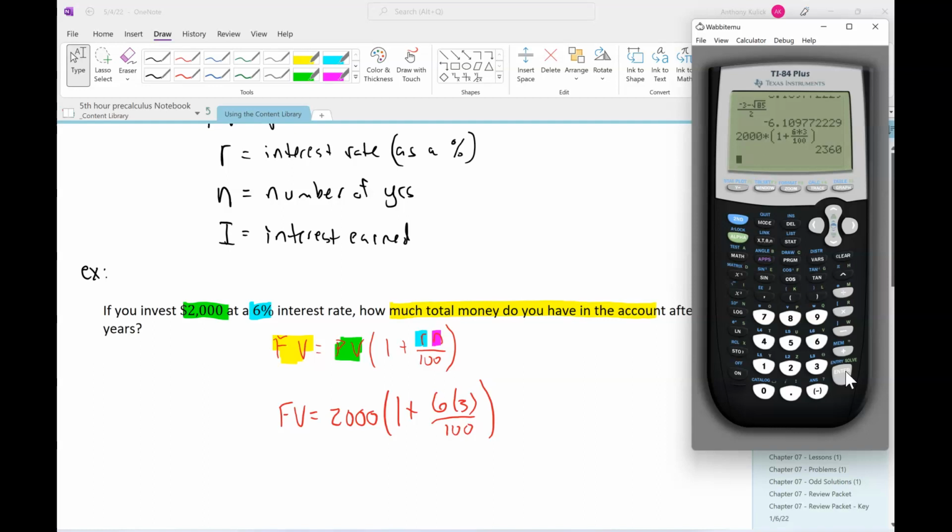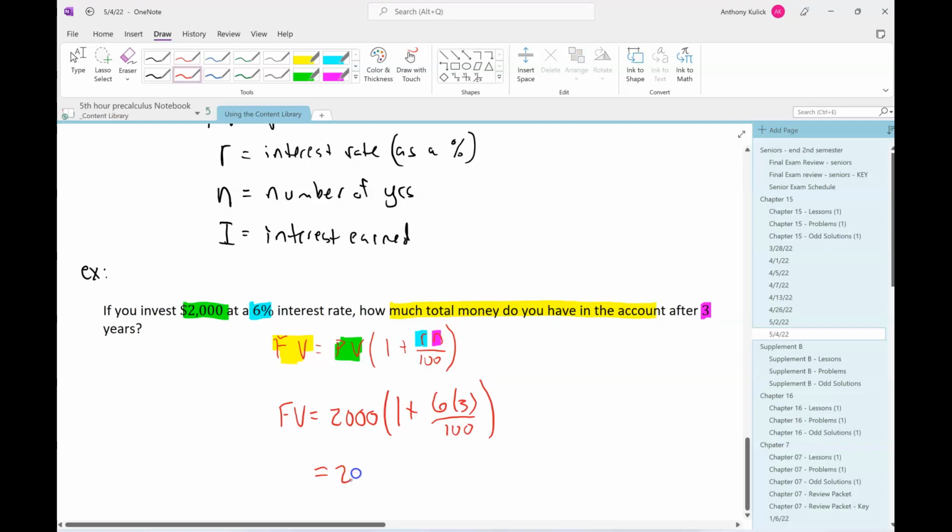So that gives us $2,360. So how much did we earn from the interest? $360, right? No big deal.